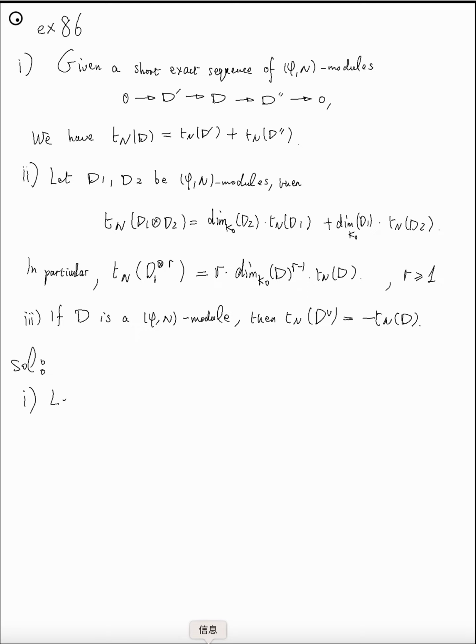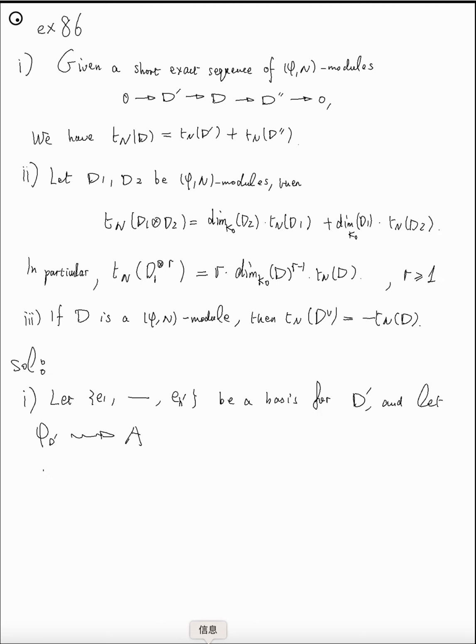So let u1 until uh prime be a basis for D prime, and let A be the matrix for phi D prime under this basis.